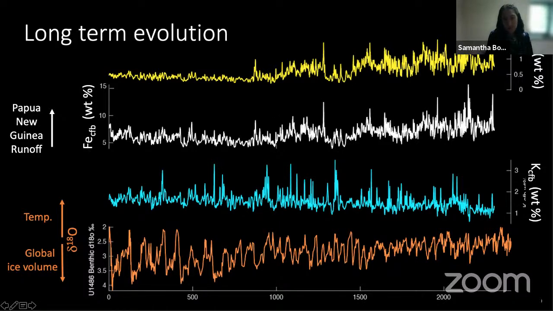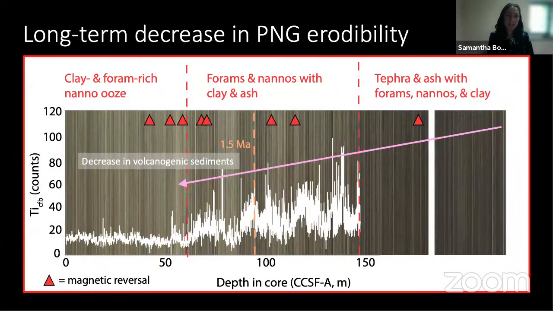What immediately pops out at you is the long-term trend of decreases in both iron and titanium before they stabilize during the late Pleistocene. This reflects a long-term change that was observed shipboard when we were at sea. We observed a long-term decrease in volcanogenic sediments at our site. These are the core photos.